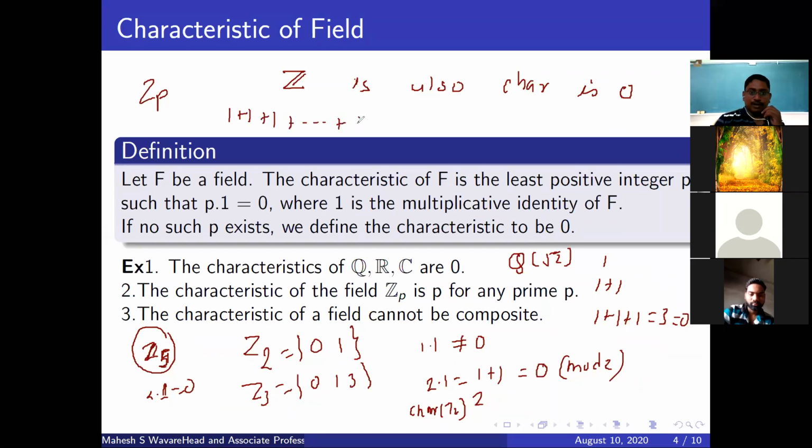So how many times should I add 1? It must be p times. When you add p times, you get 0, and in this case p is the smallest, the least positive integer satisfying this. Therefore the characteristic of Zp, when p is prime, is p. So these are examples of finite characteristics.